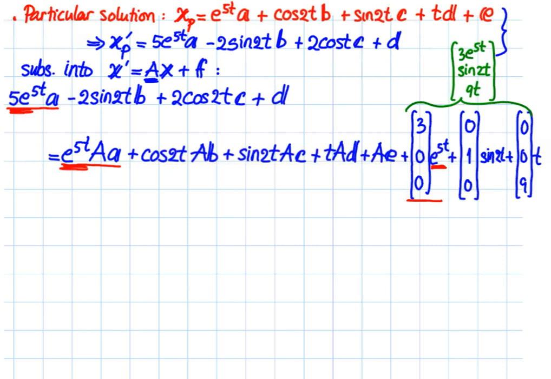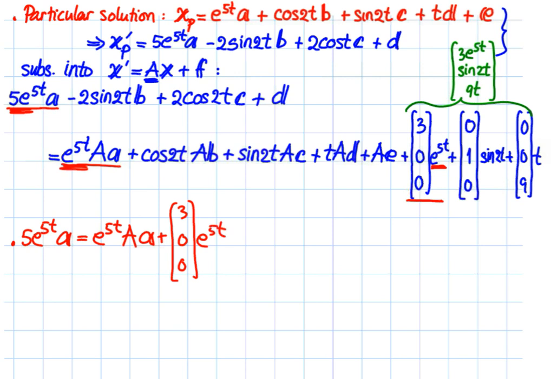We can write 5 e to the 5t a equal to e to the 5t A a plus 300 e to the 5t.